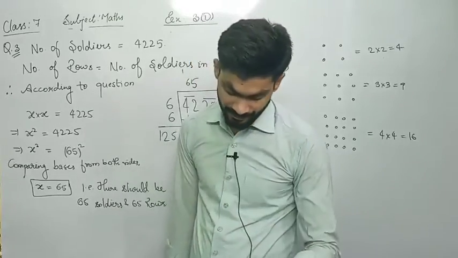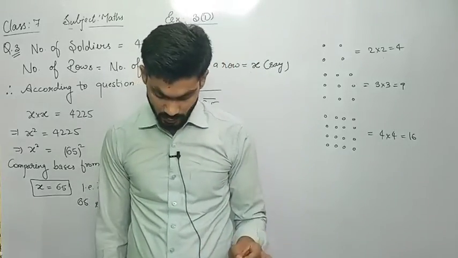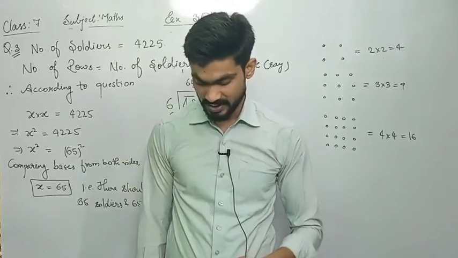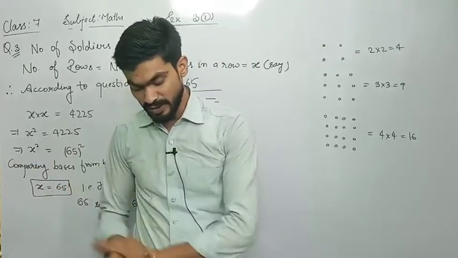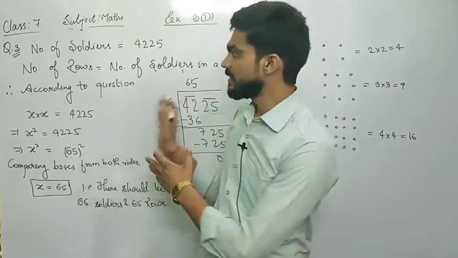I shall explain. A gardener plants 3,364 trees in such a way that there are as many rows as there are trees in a row. Same question.